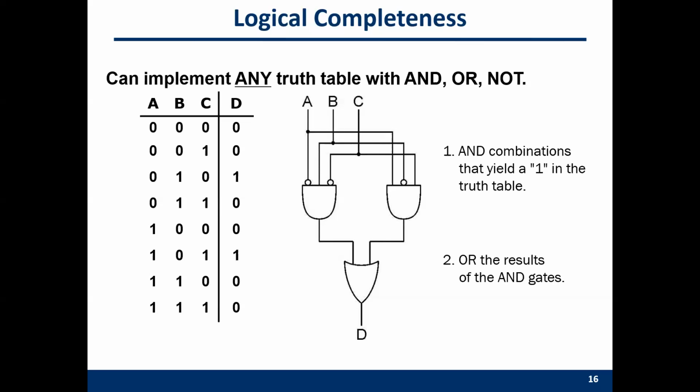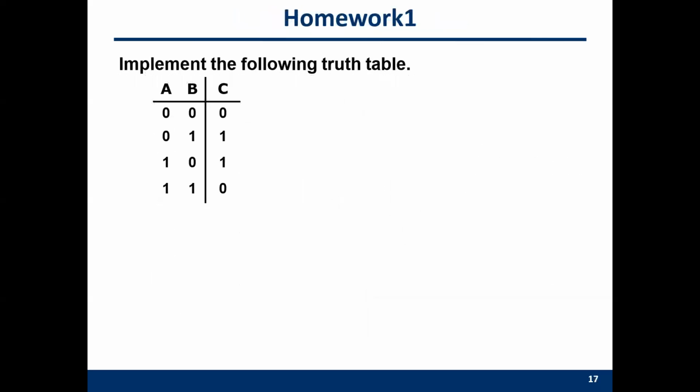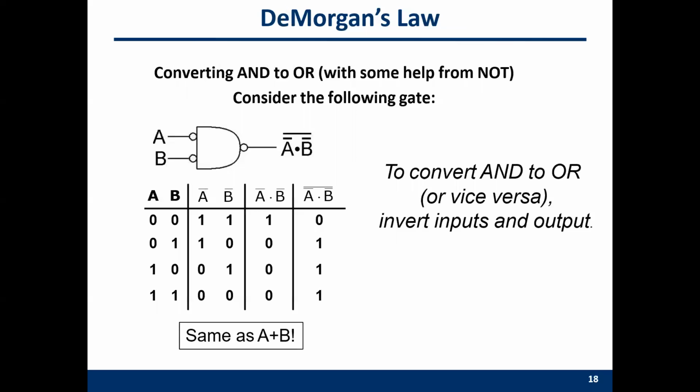And then we just OR these 2 rows. Each row can generate a 1 output. So you can try to implement this truth table by some logic gates, by AND, OR, and NOT.